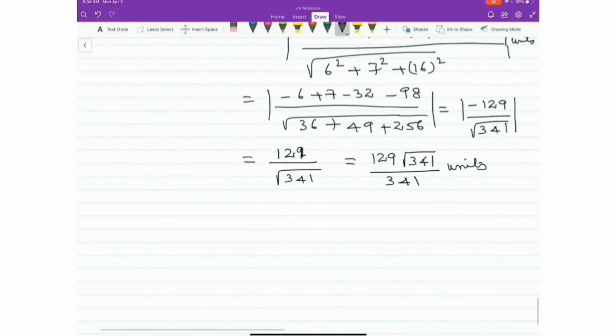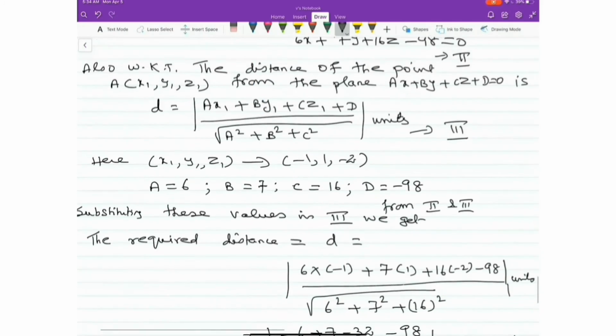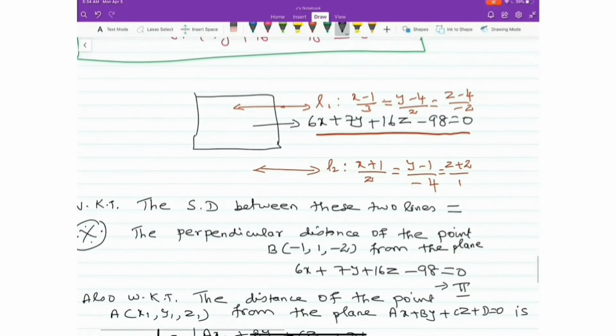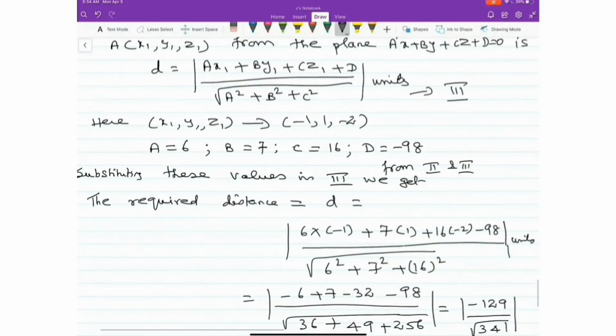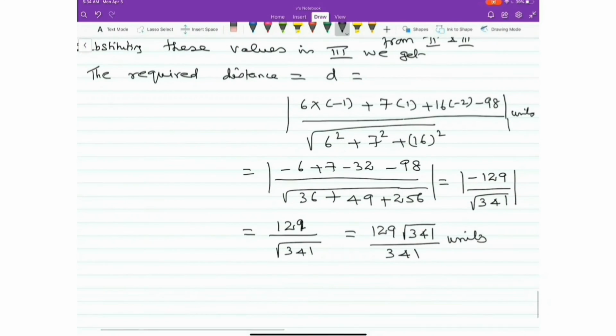So the required Cartesian equation of the plane is 6x plus 7y plus 16z minus 98 equal to 0, and the required distance is 129 into square root of 341 by 341 units. So that will be your final answer.